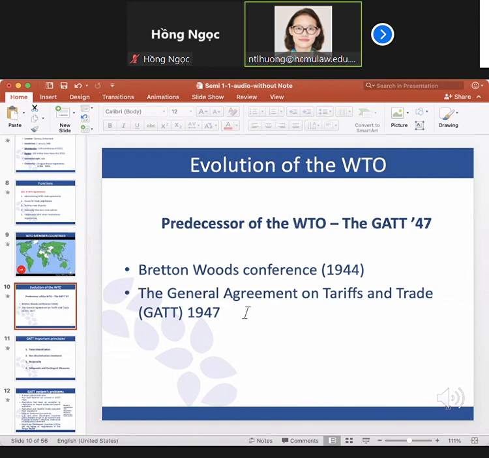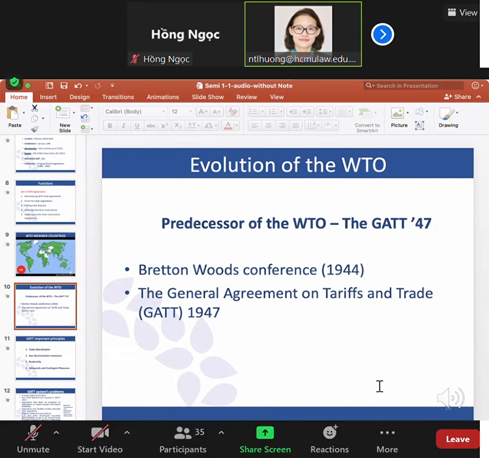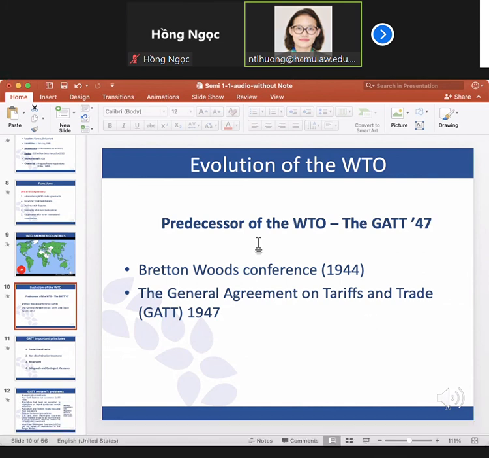Because at this moment, the WTO was only suggested and designed by the US, and therefore it had not been approved and had not appeared as an organization. At this moment, only the GATT 1947 was signed.